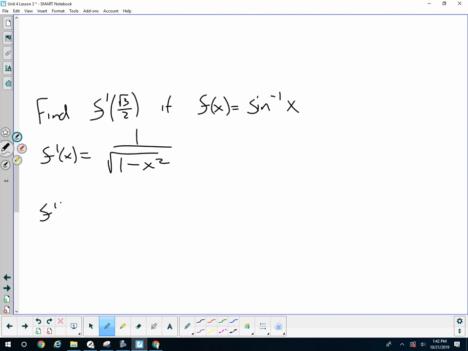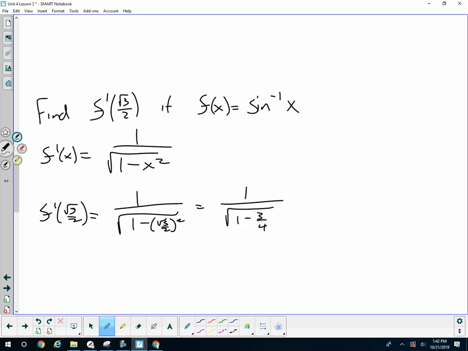If you want to find f prime of root 3 over 2, 1 over root 1 minus root 3 over 2 squared. We have a little bit of simplification that we need to do. Root 3 over 2 squared is root 3 over 2 times root 3 over 2, which is 3 over 4. 1 minus 3/4 is 4/4 minus 3/4, that's 1/4.